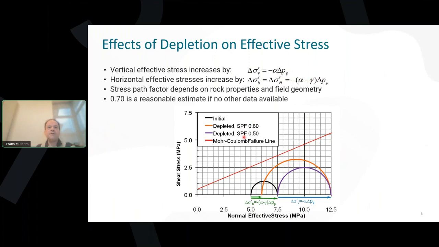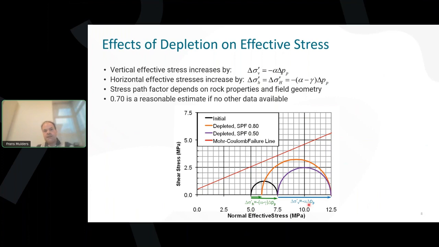Let's look at 2 different stress path factors. So this is my Mohr circle for initial conditions, initial pore pressure. So I'm at a certain effective stress level. If I now decrease the pore pressure and I have a stress path factor of 0.5, my vertical effective stress moves from here on the right-hand side all the way to here. That's a relatively large change.